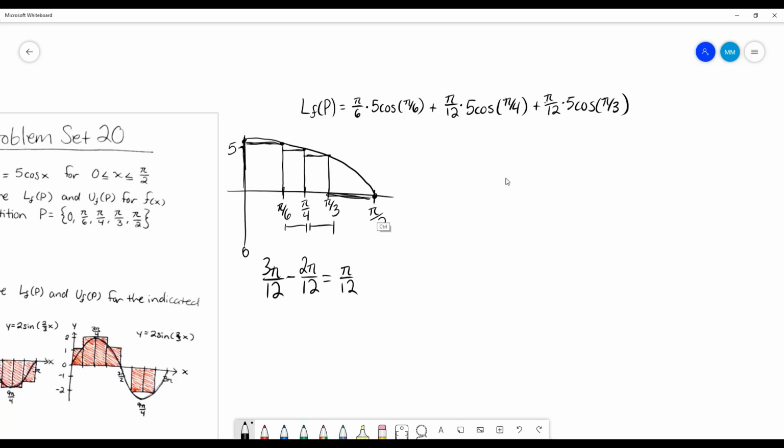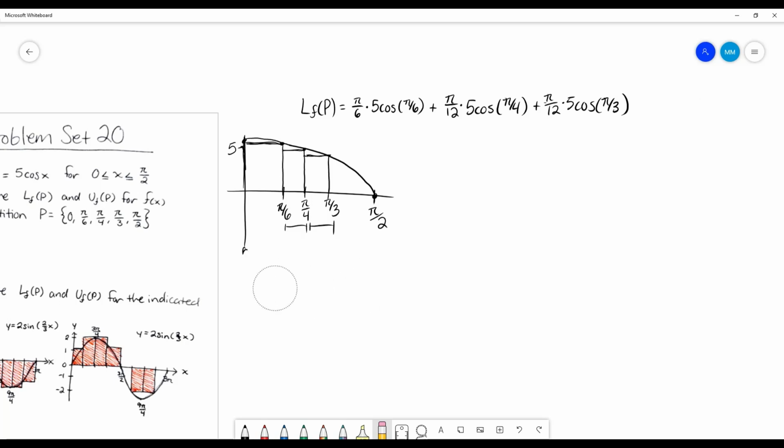And then this, of course, we know is at 0, so we don't really need to calculate that, but you always could. That's the distance of pi over 6, so pi over 6 times 5 cosine of pi over 2, which just equates to 0, so we don't really care.